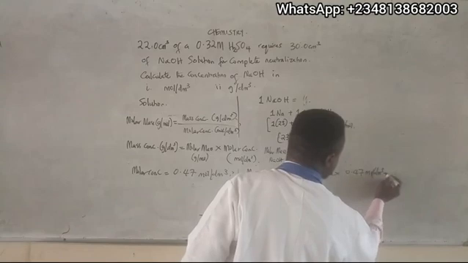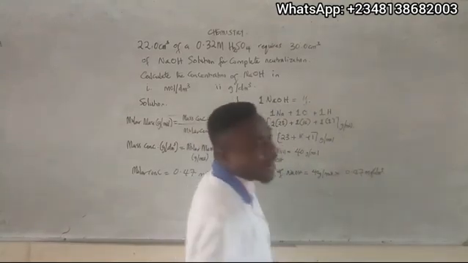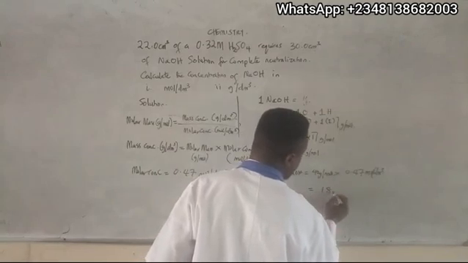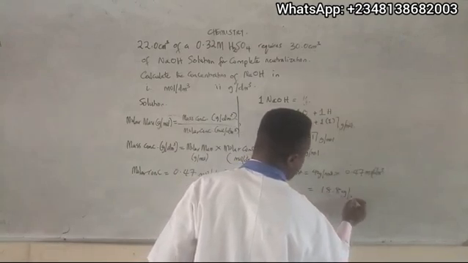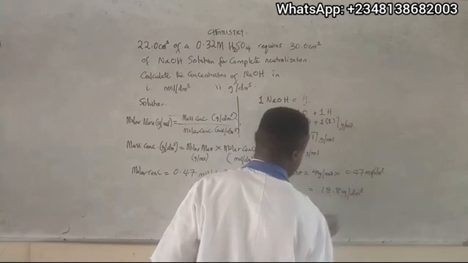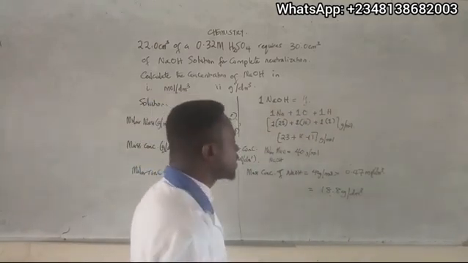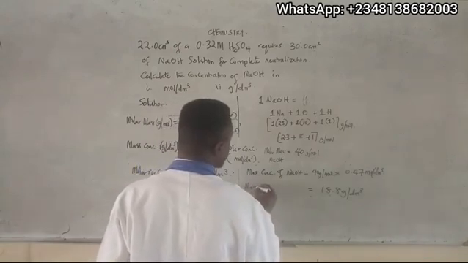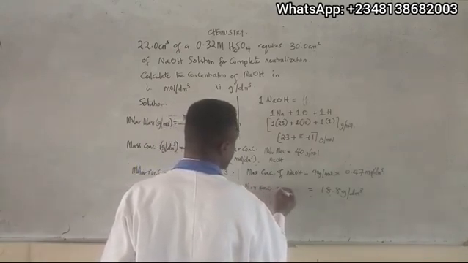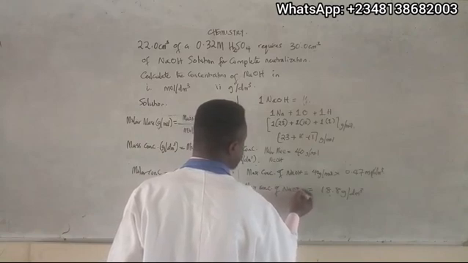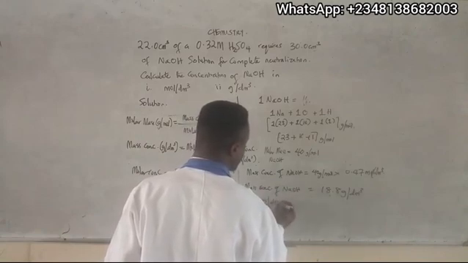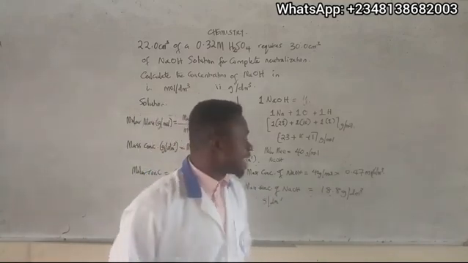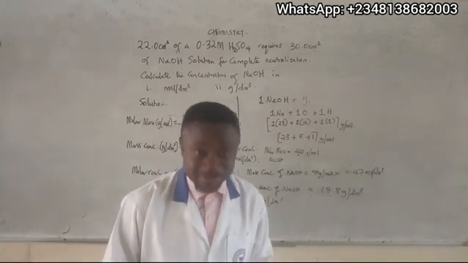0.47 mole per dm³. If you multiply this out, it gives us 18.8 gram per dm³, approximately. So the mass concentration of sodium hydroxide, that is the concentration in gram per dm³, is equal to 18.8 gram per dm³.